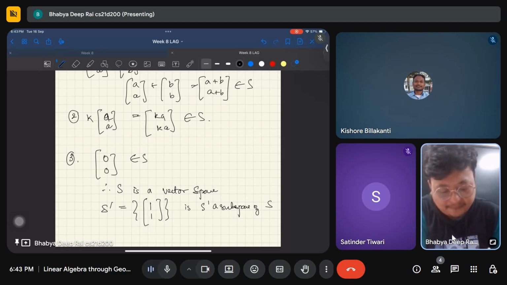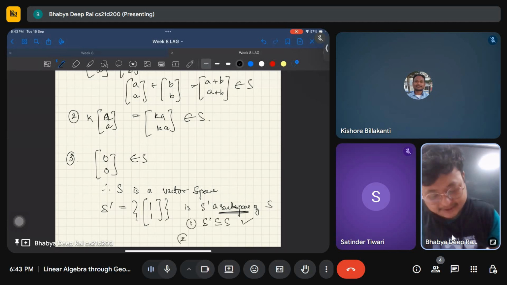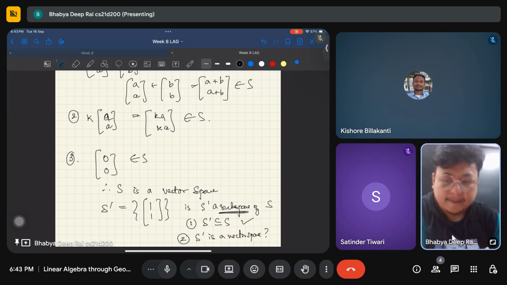Now I told you, if S prime is supposed to be a subspace, then it needs to be a subset of S. Correct. The second property is that S prime is a vector space. This we need to test.